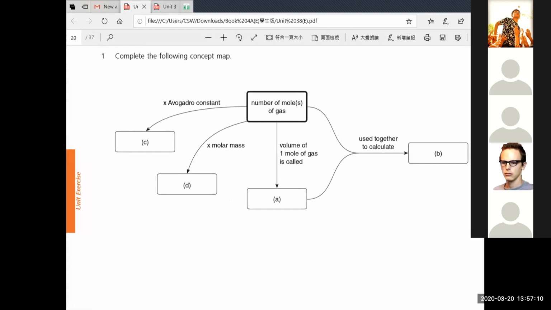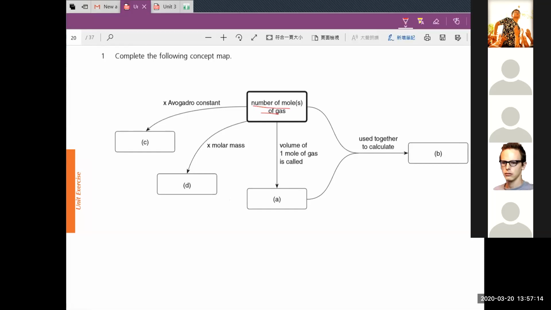First of all, if you have the number of moles of a gas times Avogadro's constant, what will you get? We've got the number of gas particles. Most gases are molecules, so you are talking about molecules.